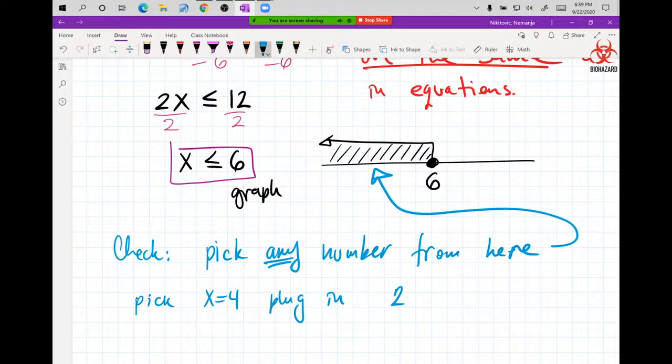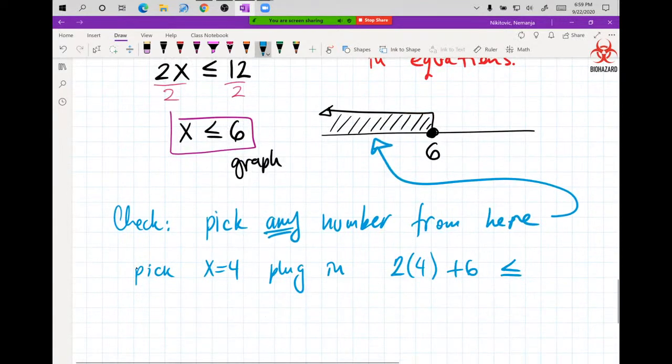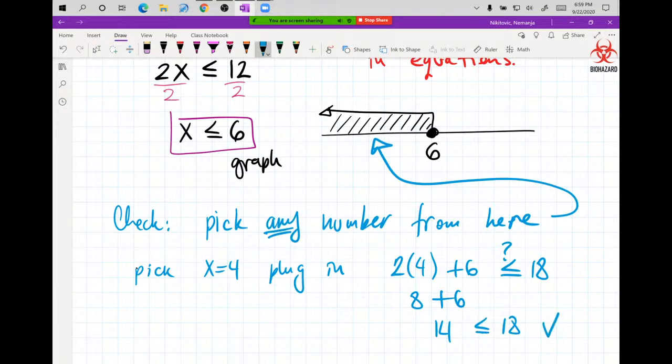So what do we have? 2 times 4 plus 6 needs to be smaller than or equal to 18. Is this true? How much is 2 times 4? 8. And plus 6 is? 14. And 14 is smaller than 18. And that's good, right? So we know that we have a good solution.